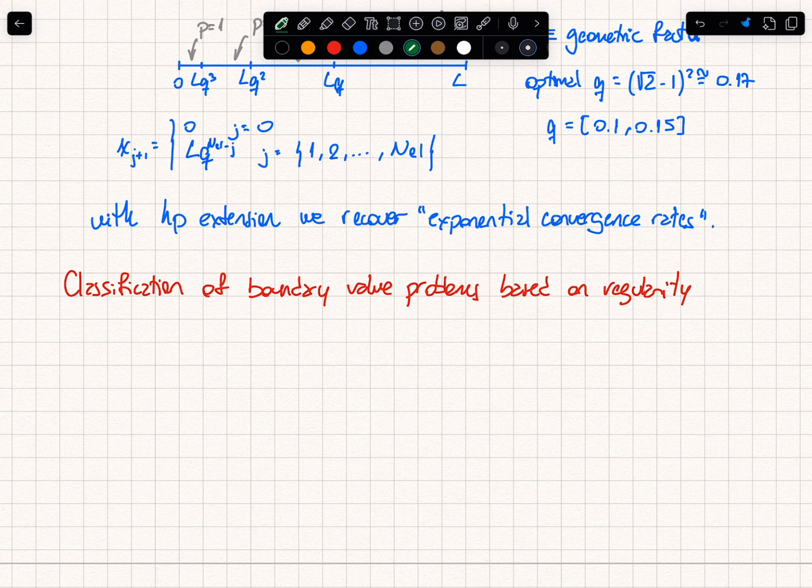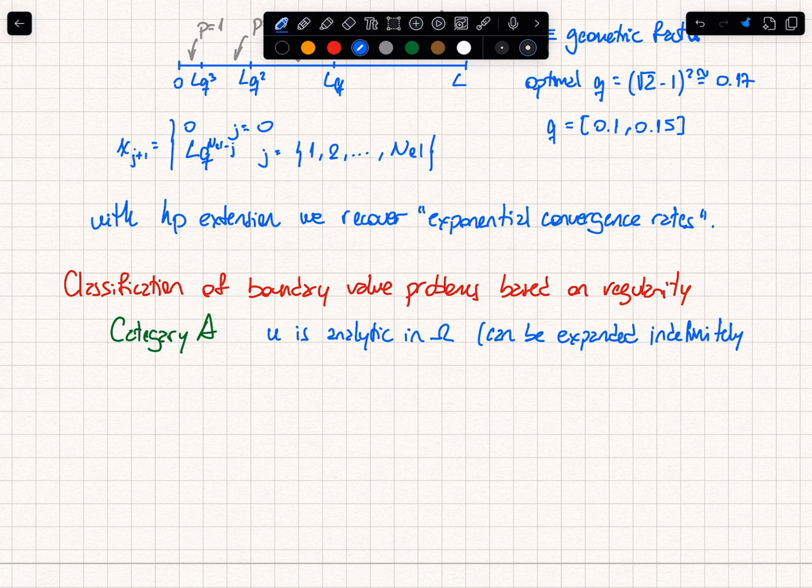There are problems in category A where U, the exact solution, is analytic in omega, right? That basically means it can be expanded indefinitely in Taylor series.